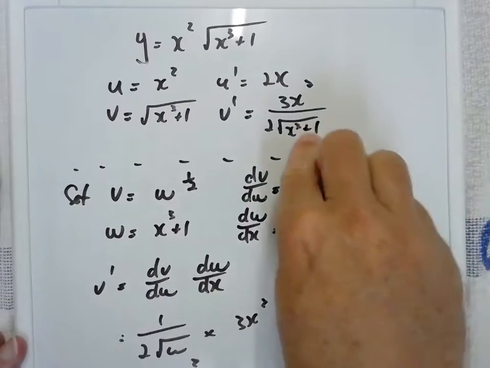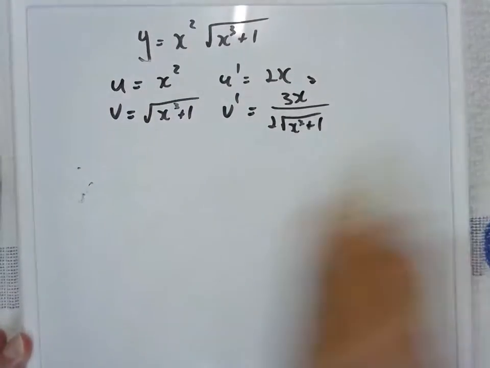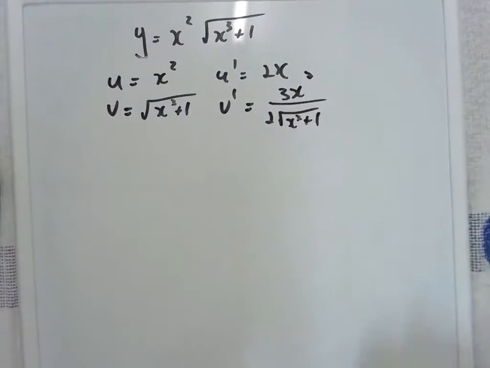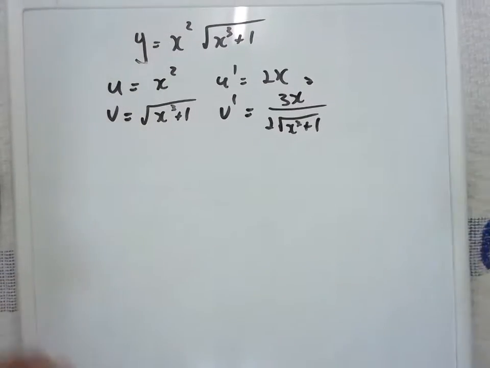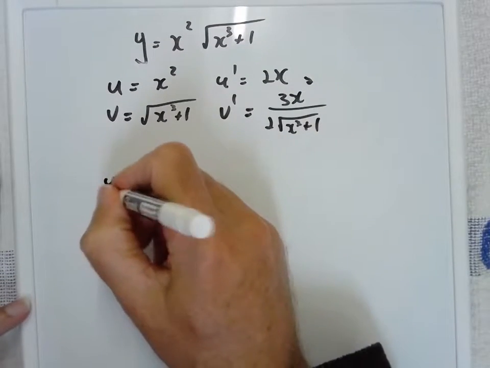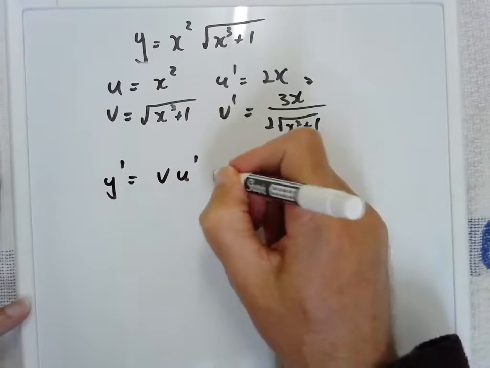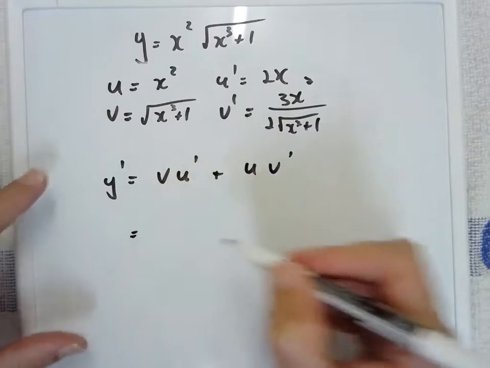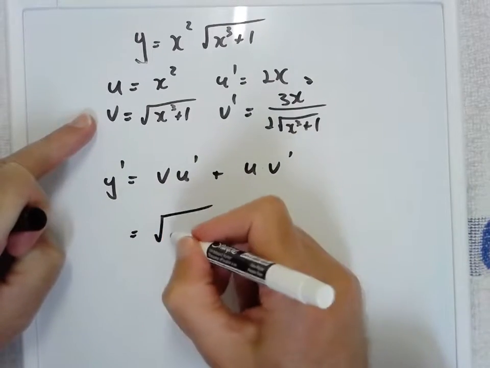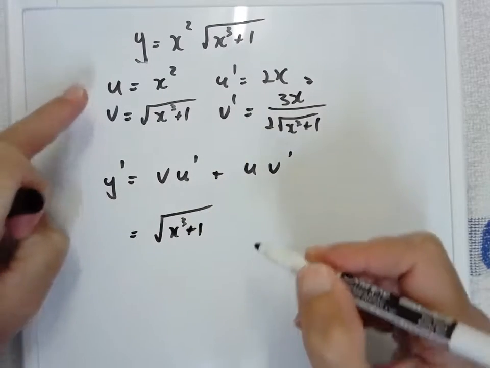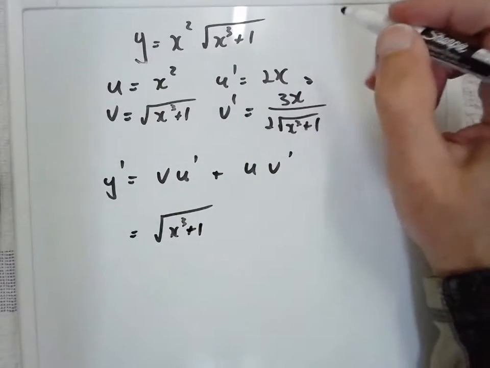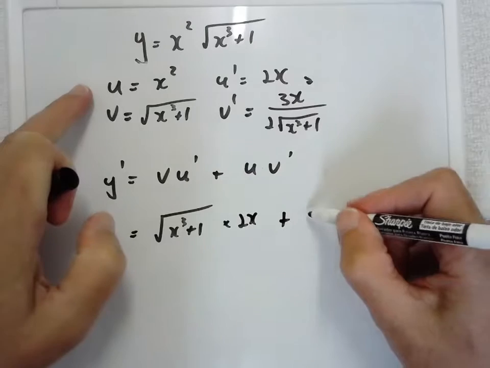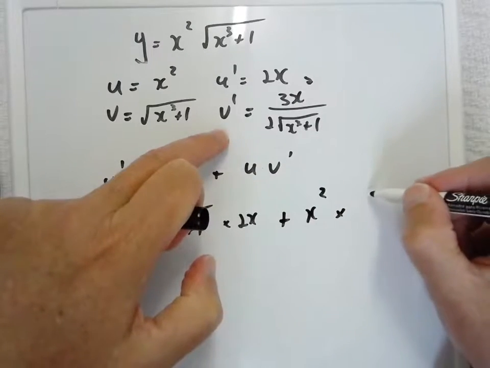Let's tidy this up a little bit, because we're going to be needing some room here, aren't we? So we're set up now for our product rule. So y dash equals v u dash plus u v dash, and we've got all of our requirements up here, so it's straight substitution. v u dash plus u v dash.